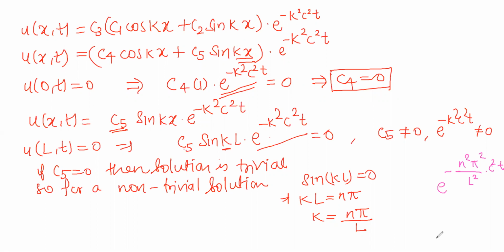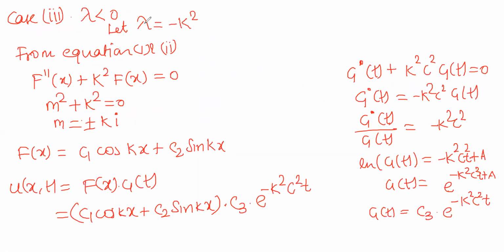The rule comes from here. Since lambda is negative, we had taken lambda equal to minus k square. If I take n equal to 1, 2, 3 and so on, then this minus plays the role. So lambda will be negative. If lambda should be negative, then I have to take k to be positive. So that's the only reason it should all start from n equal to 1, 2, 3 and so on.